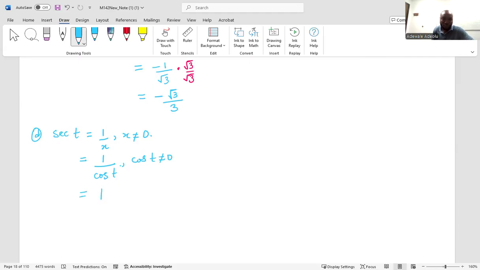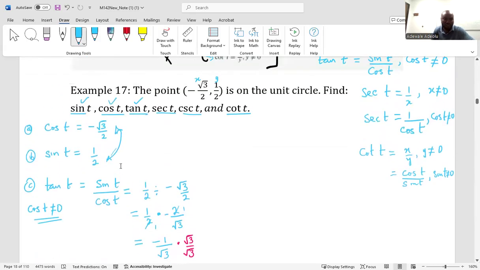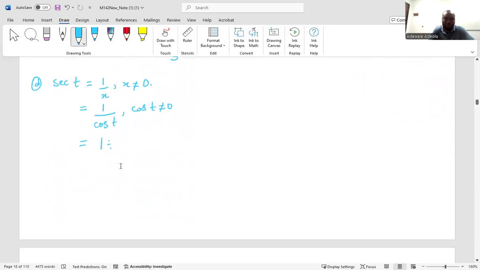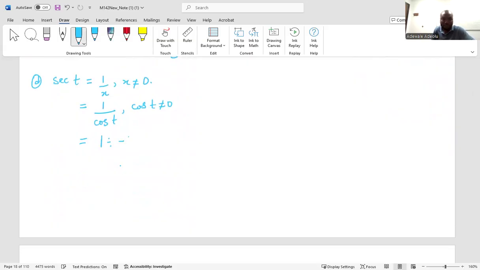Now, this equals 1 divided by cosine of t. What is cosine of t? We have it. That is minus root 3 over 2. And that is 1 times negative 2 over root 3.